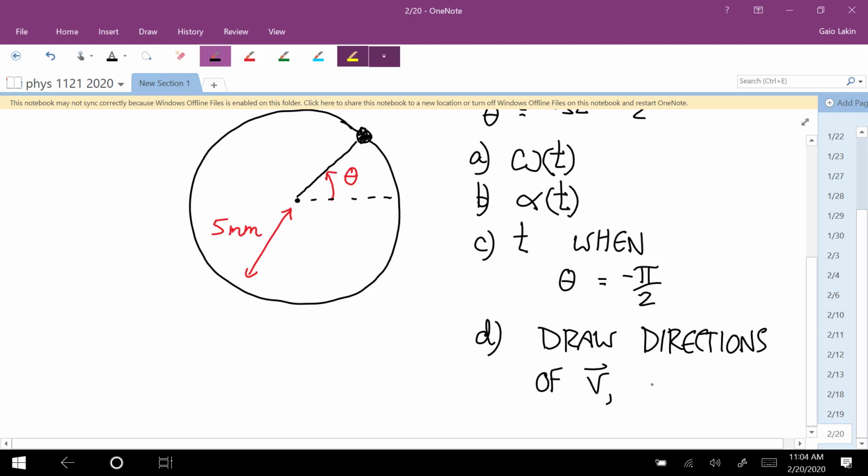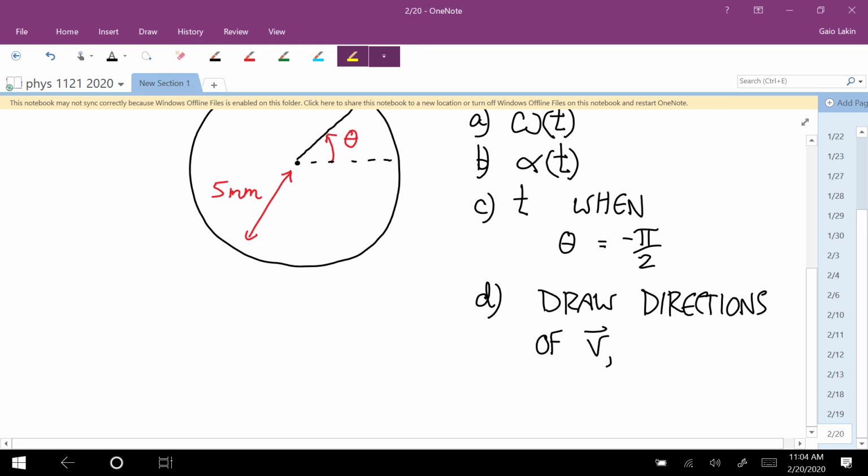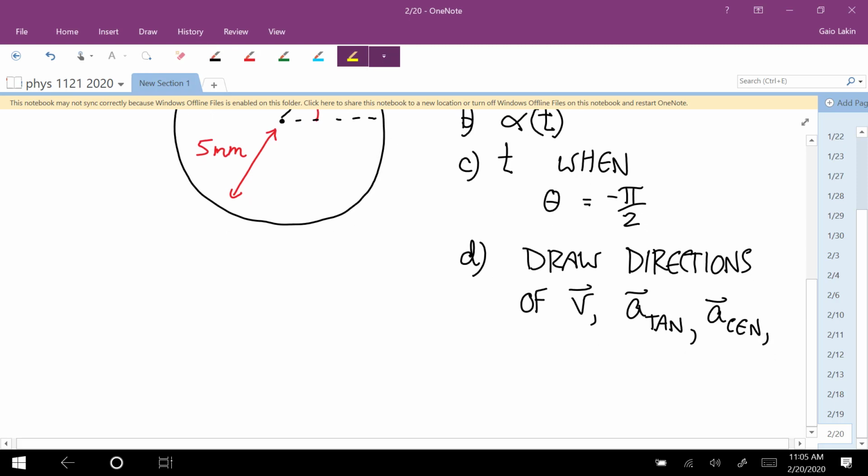And let's figure out the tangential acceleration vector, the centripetal acceleration vector, and it looks like we can do the total acceleration vector too. So let's do all of those.